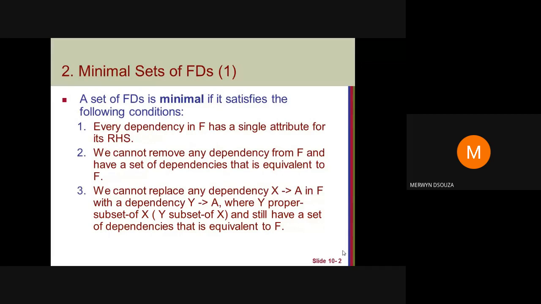Second, we cannot remove any dependency from F and have a set of dependencies that is equivalent to F. Third condition, we cannot replace any dependency X determines A in F with a dependency Y determines A, where Y is a proper subset of X, and still have a set of dependencies that is equivalent to F. Now all this we will see with an example.